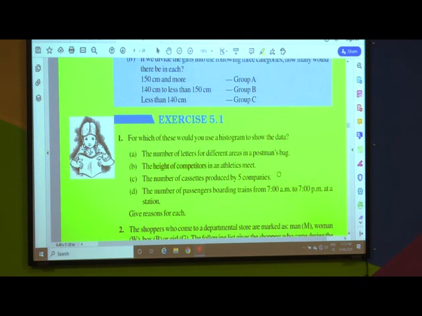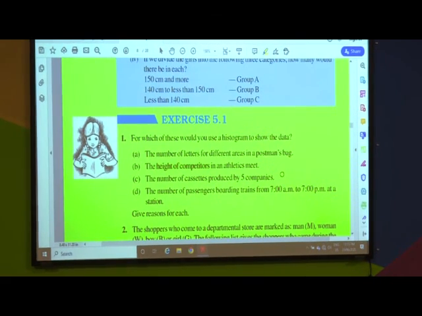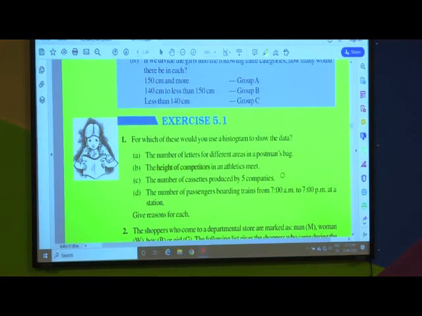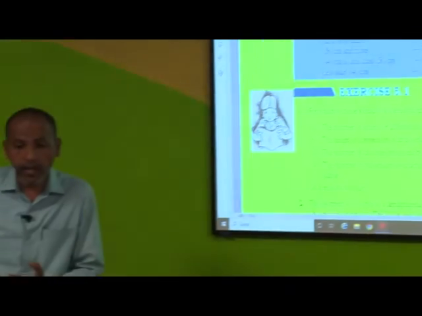The height is in feet, 5 feet to 5.5 feet, 5.5 to 5.10, 5.10 to 5.15. So here the frequency is present as well as the class interval. I can make it. So I can represent the data using a histogram in my second example that has been given to me.